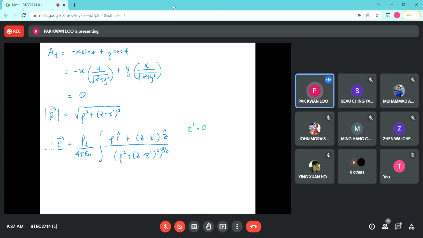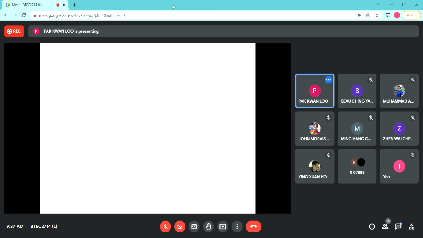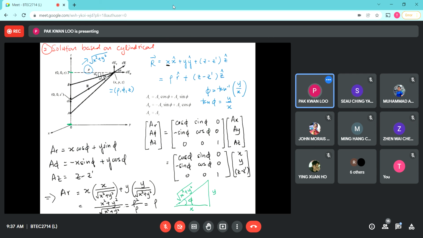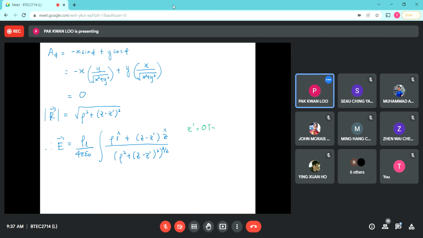So it's OT minus, and this length here is what? Tangent. So it's rho times tangent alpha, right?